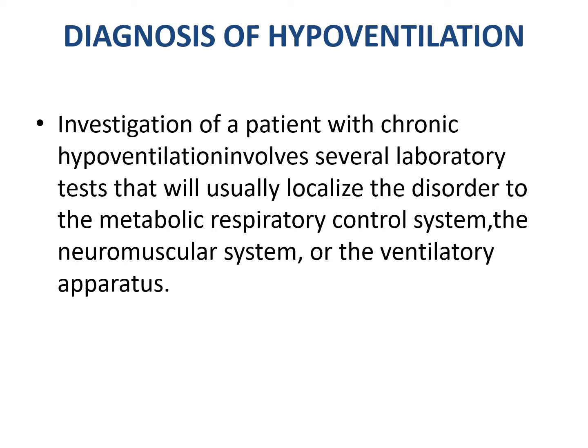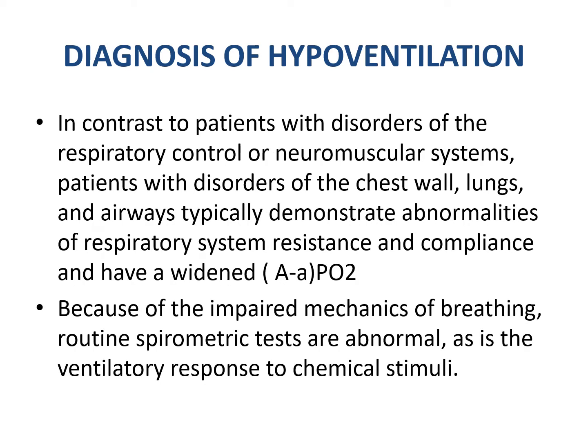Investigation of a patient with chronic hypoventilation involves several laboratory tests that will usually localize the disorder to the metabolic respiratory control system, the neuromuscular system, or the ventilatory apparatus. In contrast to patients with disorders of the respiratory control or neuromuscular systems, patients with disorders of the chest wall, lungs, and airways typically demonstrate abnormalities of respiratory system resistance and compliance and have a widened AA gradient.